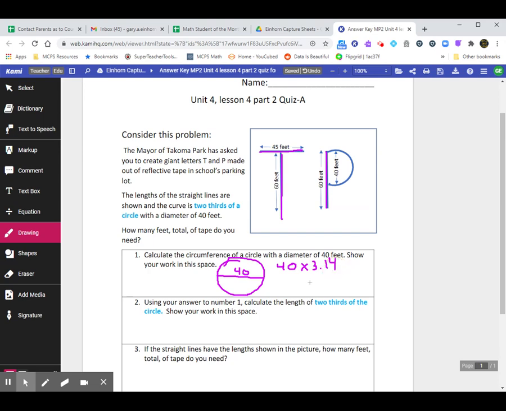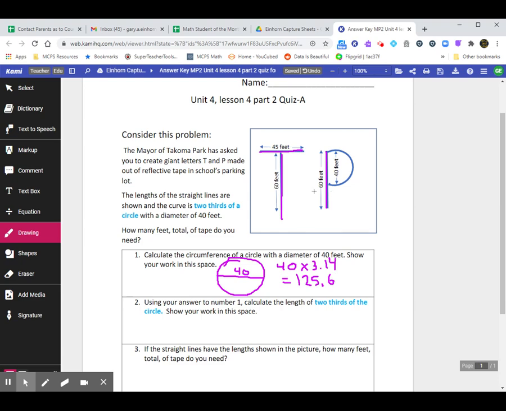And 40 times 3.14, if I pull out my trusty calculator, is 125.6. So that is the answer to number one.